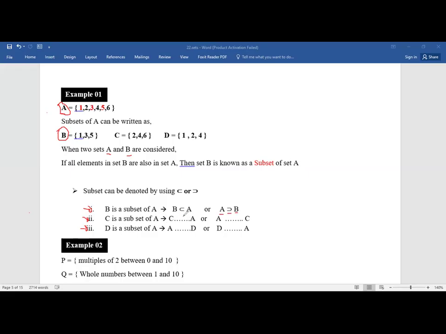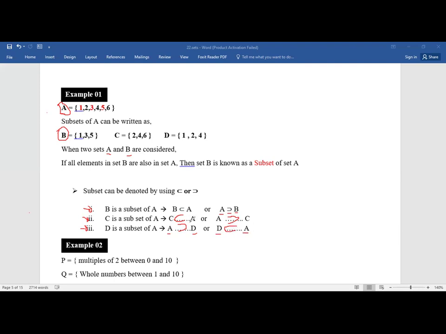The biggest one is A. C is the subset. You have to fill this like this, and the other way around, A is the biggest one. D is a subset of A, here the other way around. Here D is the subset of A. So this is the way that you need to fill.